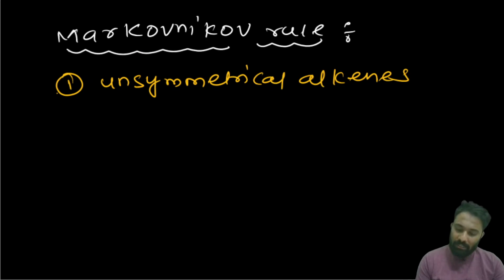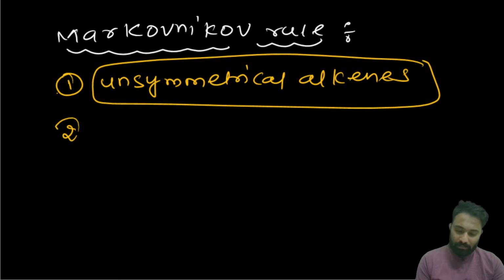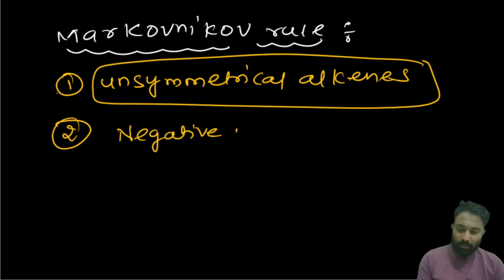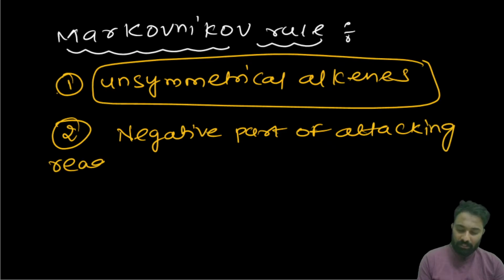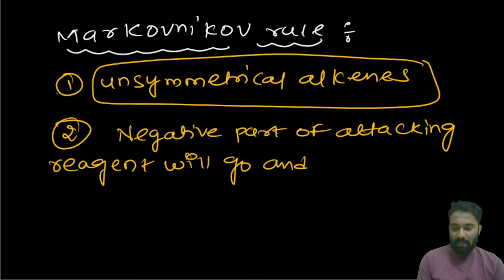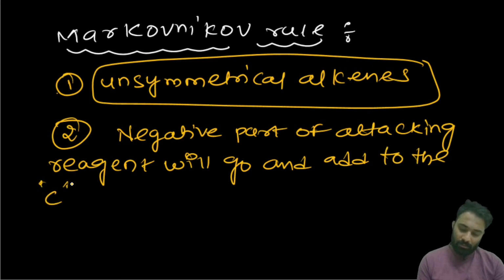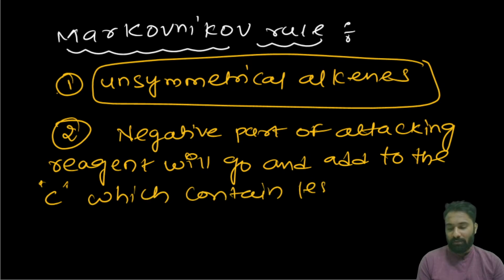First, Markovnikov rule is undergone only by unsymmetrical alkenes. Second, the negative part of the attacking reagent will go and add to the carbon which contains less number of hydrogens.